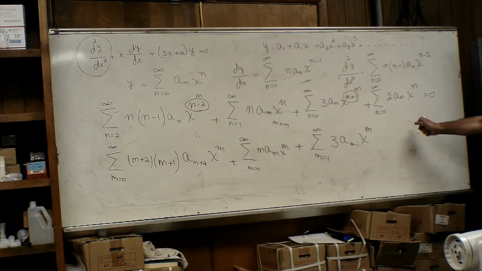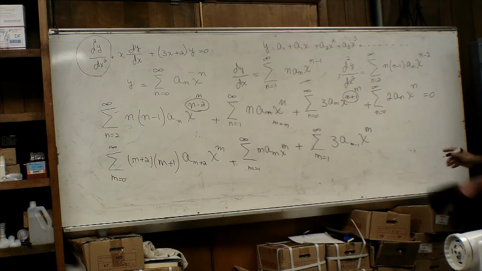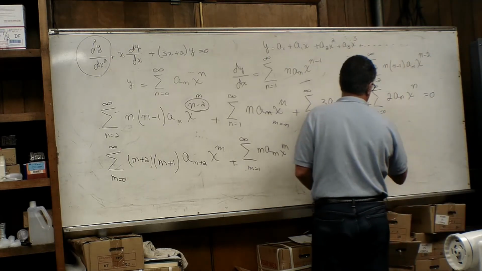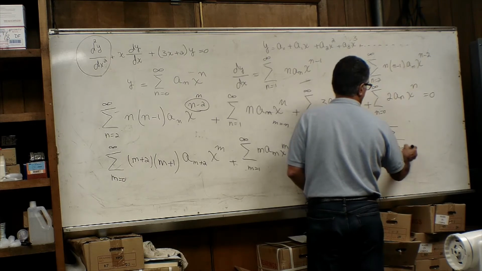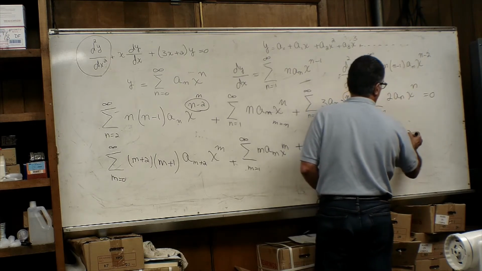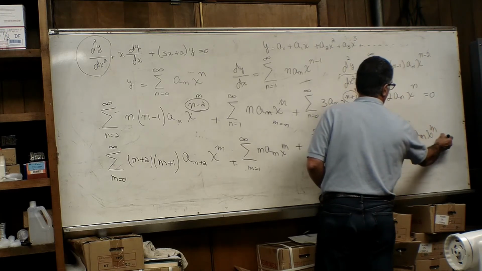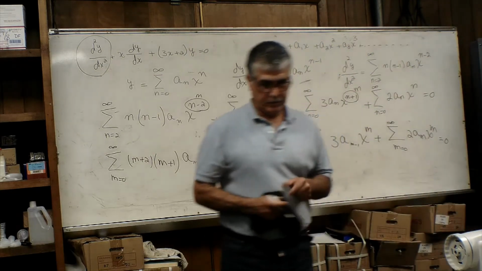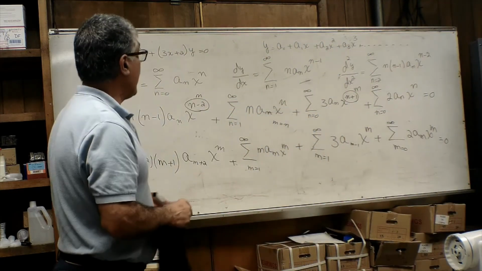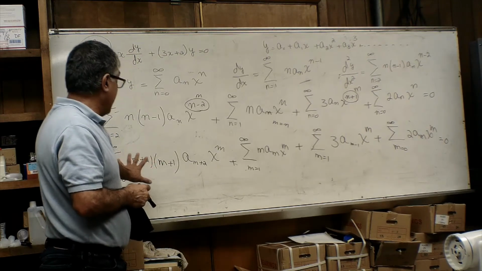Now the last part, again, we have x to the power n, so we can have m equal to n, so we can just write that as summation m from 0 to infinity of 2 a m x to the power m, equal to 0. Now we have done that step.